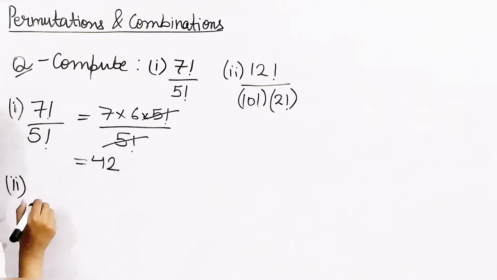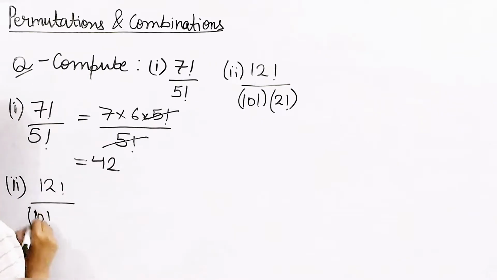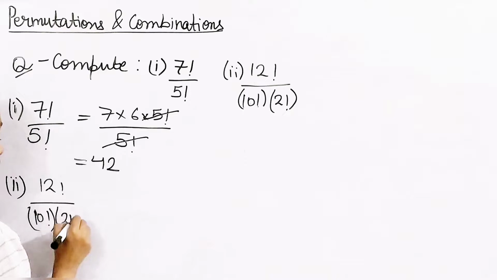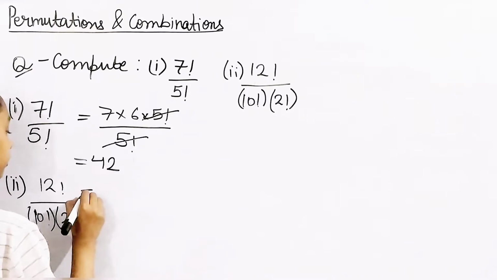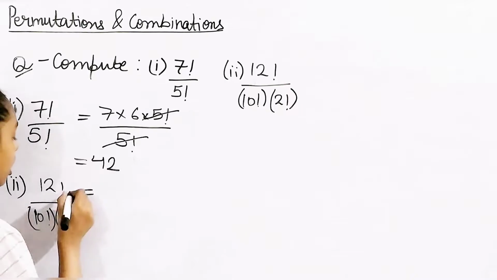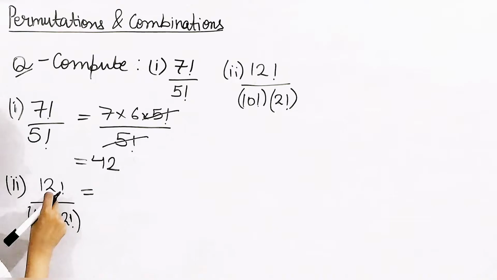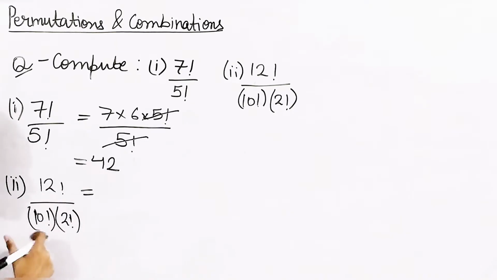Now let's do the second part, which is 12 factorial by 10 factorial and 2 factorial. It's a similar one. So I can write 12 into 11 into 10 factorial, and 10 factorial will be cancelled.